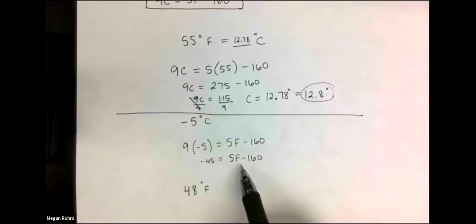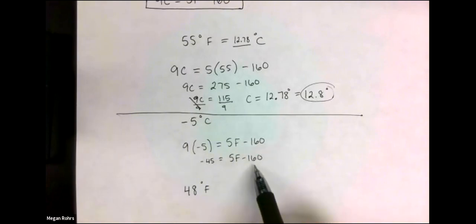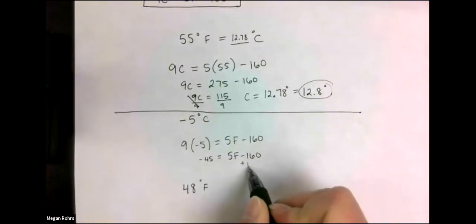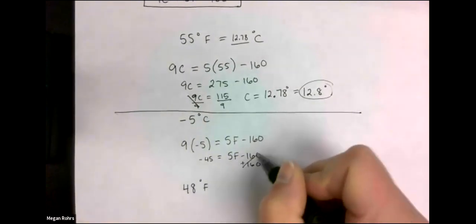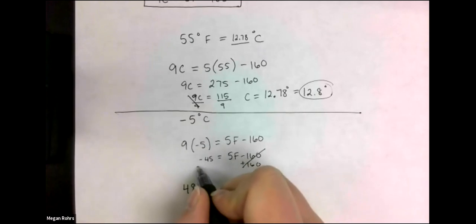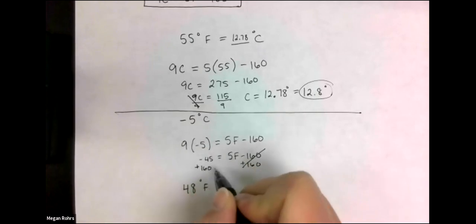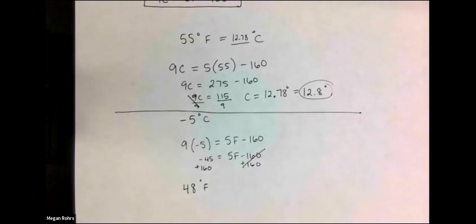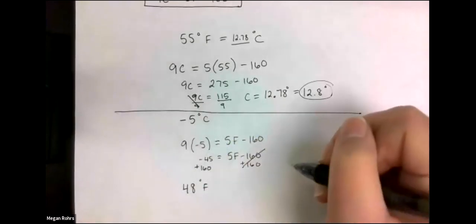So now we want to get F by itself. First we need to remove this 160. Right now this is 5F minus 160, so we're going to do the opposite of subtraction. We're going to add 160 on this side, which is going to cancel that out. But whatever you do to one side, you have to do to the other. So we want to add 160 here. Now we have a negative number plus 160 here, so we are left with 115 on this side.